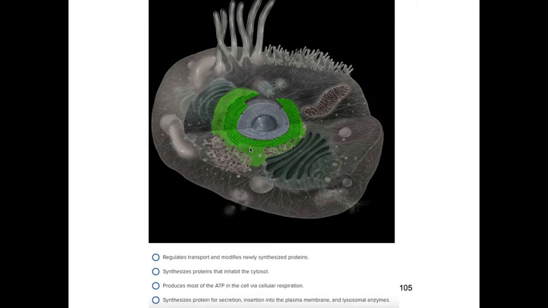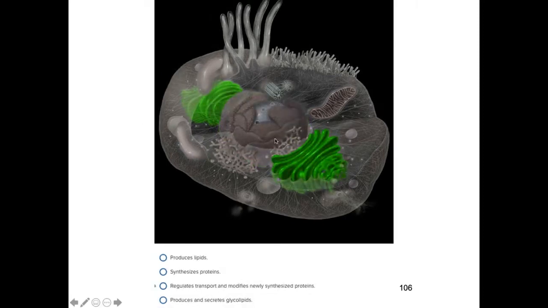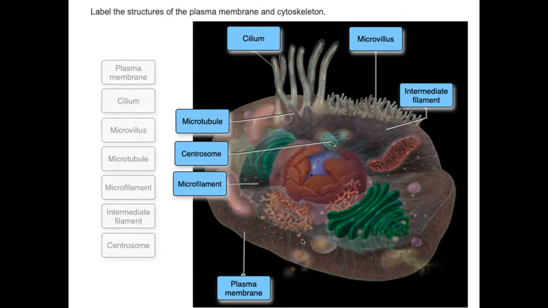And I'll send you another lecture on that this week. Here we're looking at the Golgi complex or Golgi apparatus, and that's going to regulate the transport and modify the synthesized proteins that the rough endoplasmic reticulum produced.